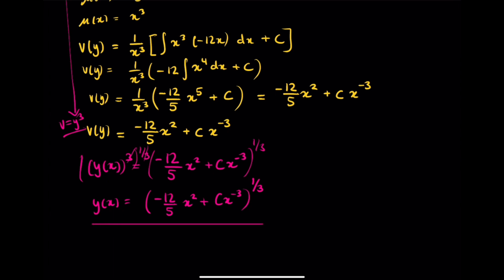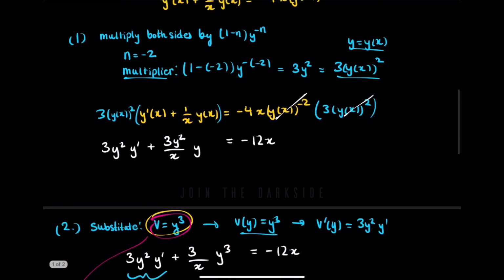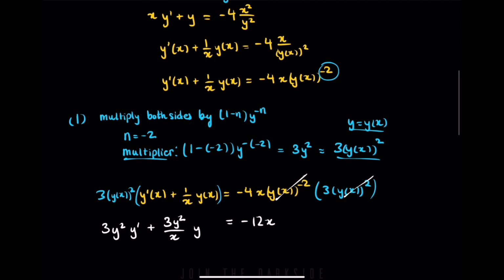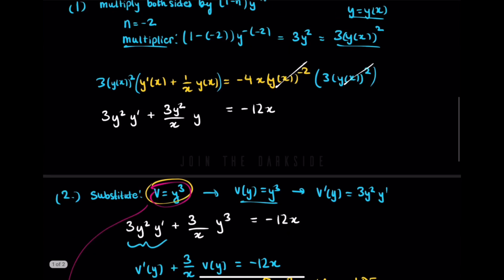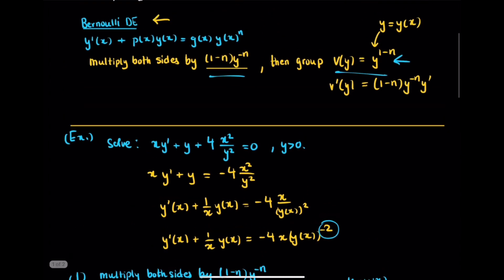So again, a Bernoulli equation is an extension of a linear differential equation. And there's 2-3 extra steps. You gotta multiply both sides by (1 minus n) y to the minus n. Then you gotta substitute v as y to the 1 minus n.